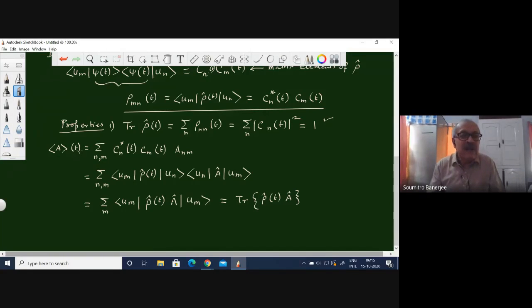We have defined a specific matrix in terms of which the expectation value of any observable is very simple. All you need to do is to obtain that operator in matrix form, pre-multiply that by the density matrix and obtain the trace. That is the expectation value. Simple to calculate. So this is property number 2, which is important.